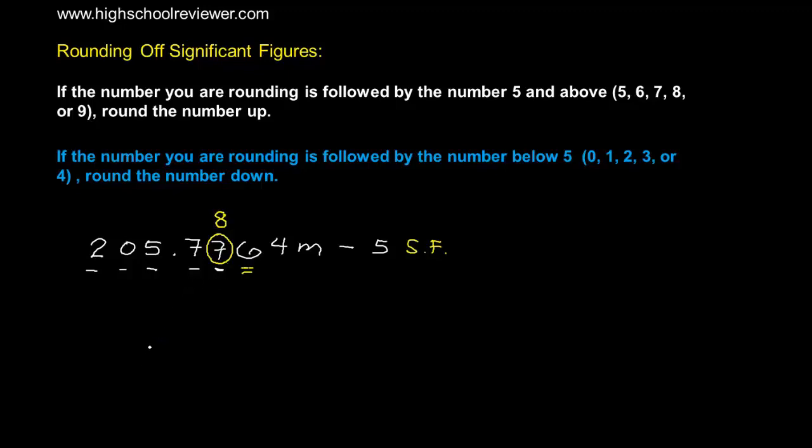Our rounded off number now will be 205.7, and instead of 7, this is now 8. Since 6 and 4 are inside the decimal point, they will not be written anymore. And we will write here the unit. This is now our final answer.